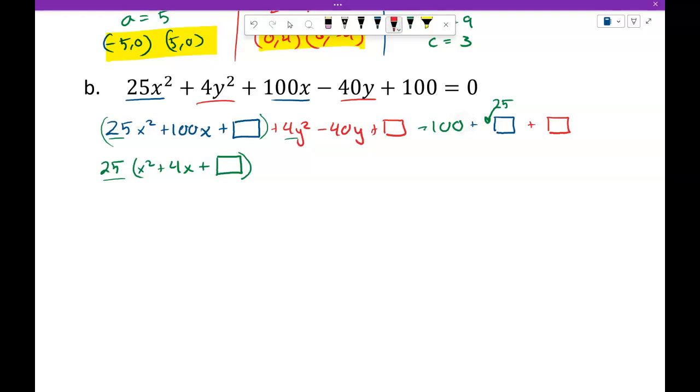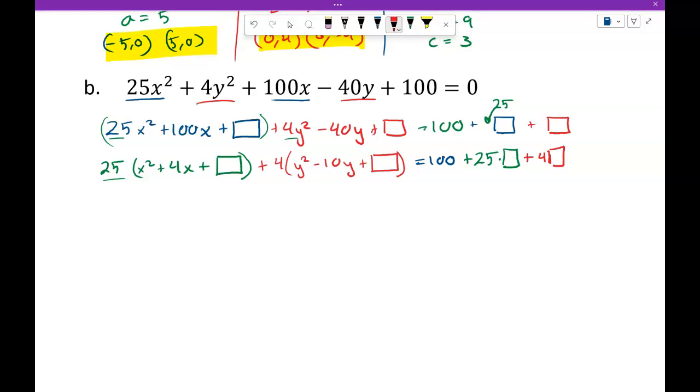We'll do the same thing with the y. We'll keep the plus, and we're factoring out a 4. So we have y squared minus 10y plus, again, whatever ends up going in this box. And all of this is set equal to 100 plus, now we're going to do 25 times this box, and we have to remember to multiply the next box by the 4 that was factored out as well.